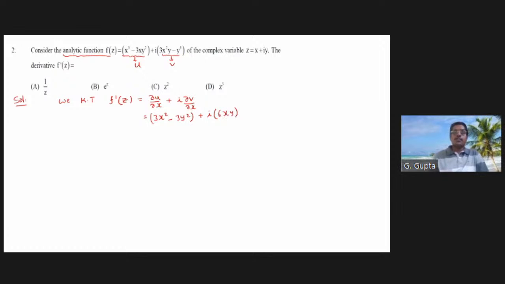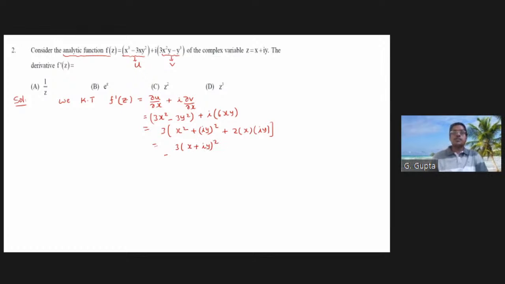So in all this, I can take 3 common. After that, x square minus y square can be written with plus (iy) whole square, where i square value is minus 1, plus 2 into x into iy. I can write the remaining 3xy with i like this. So the terms in the bracket look like a plus b whole square: 3 times (x plus iy) whole square.